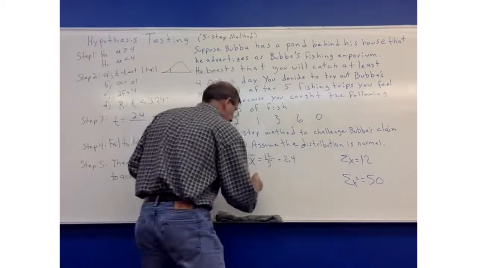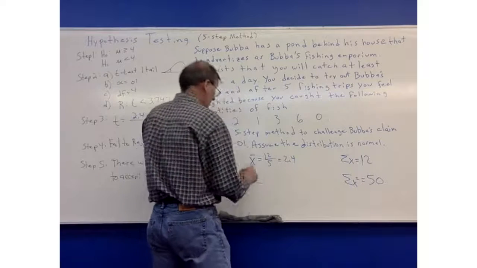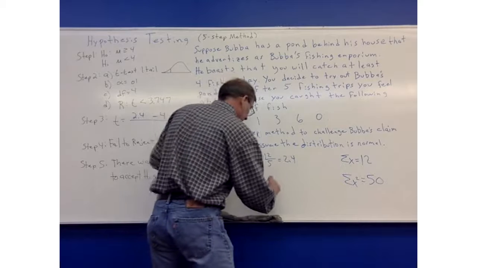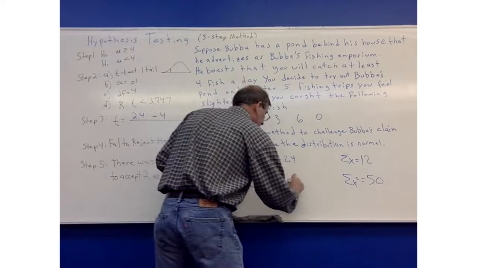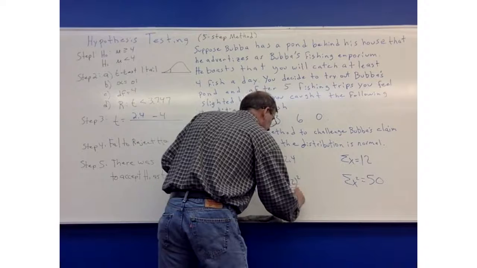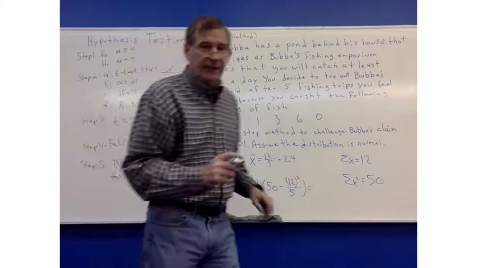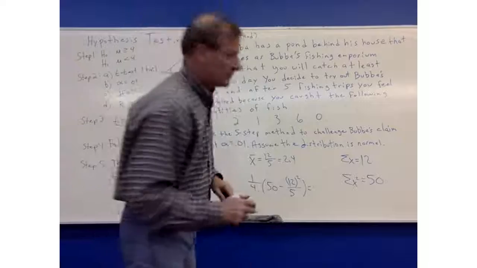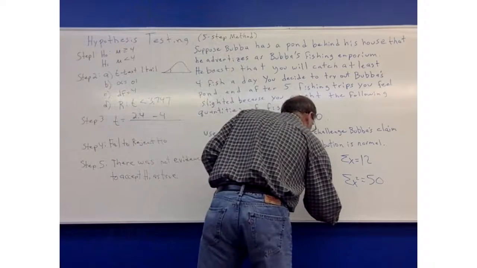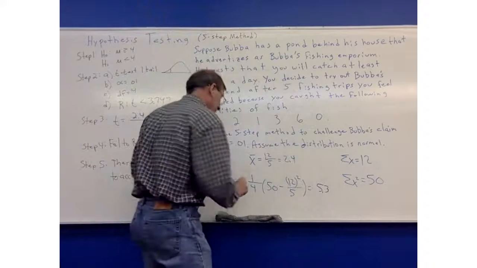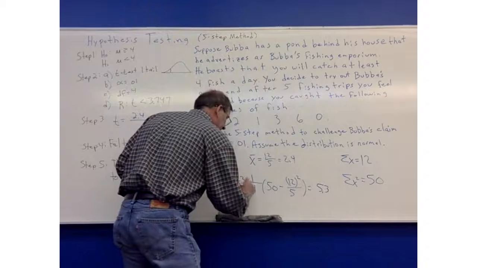So now we compute our standard deviation. We have 1 over n minus 1, which is 4, times 50 minus 12 squared over 5. If you compute that out, you get 5.3. But if you remember, 5.3 is the variance.